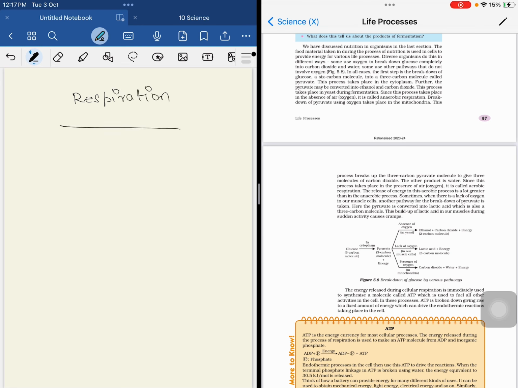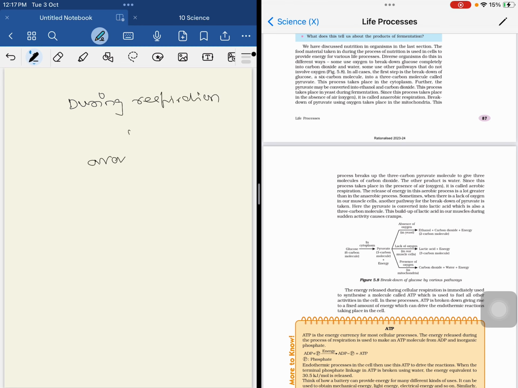As previously said, through nutrition, the food we have taken is used up by various cells in the body to provide energy. During respiration, it mainly depends upon the availability of oxygen to the cells.